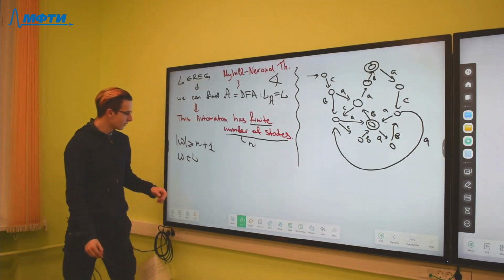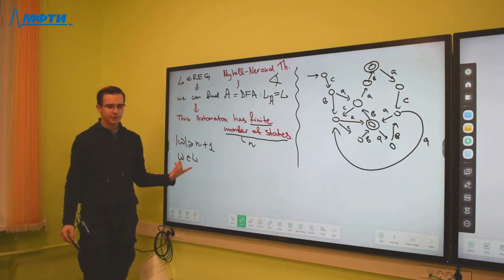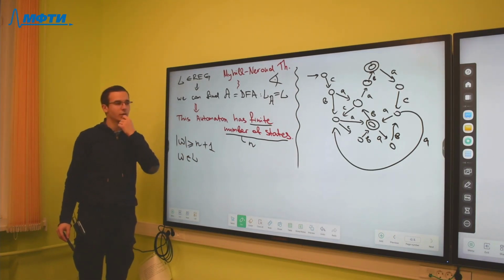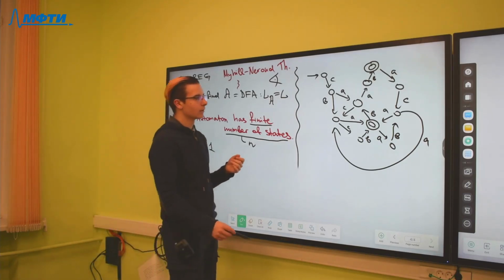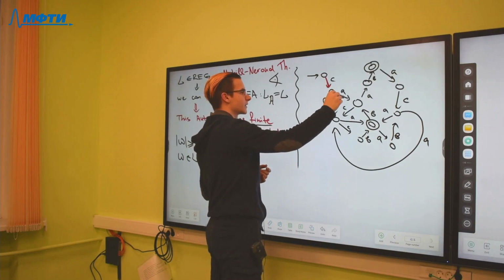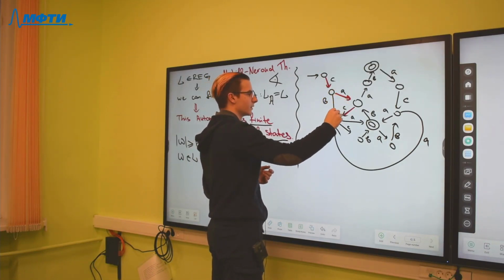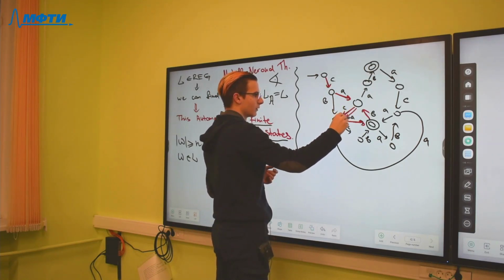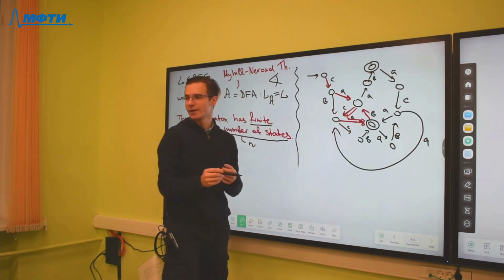But what can we say about this path if omega is bigger than the number of states? Then we can say that there is a cycle in it.